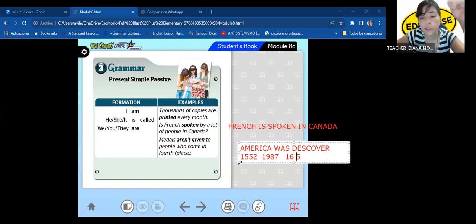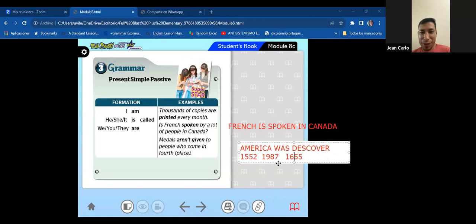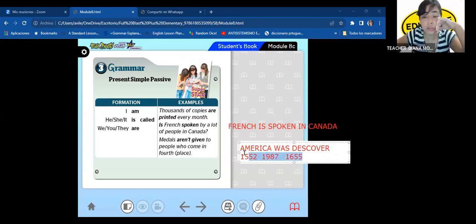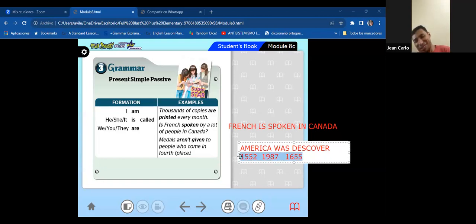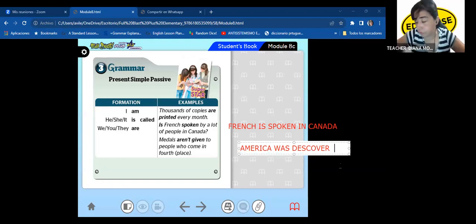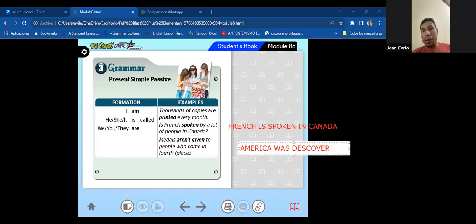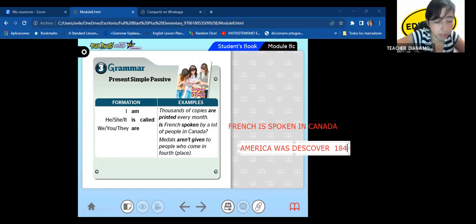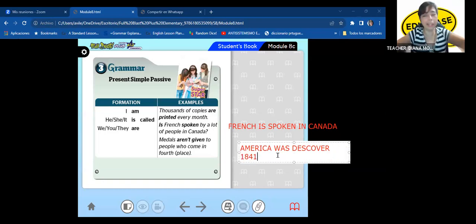We don't say 1,552, 1,987. No, we mention them two by two. It's not usual to say the whole number. Just in the 2000s, we say 2020, or 2011. Okay, coach, I don't know it. It's 1841. Well, I'm not sure. I don't think so. But anyway, okay.